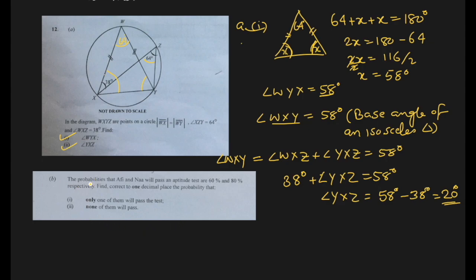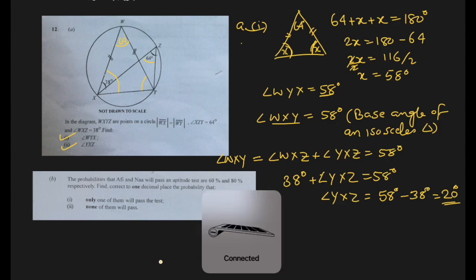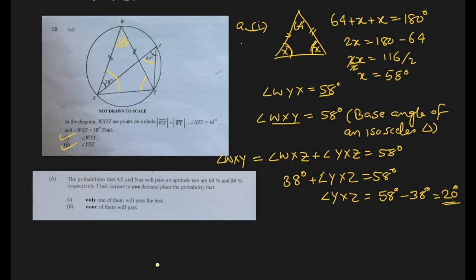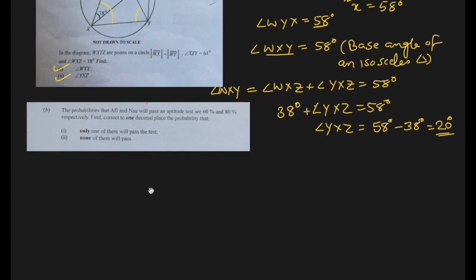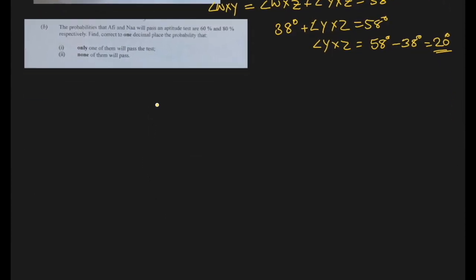B. The probabilities that Afi and Na will pass an aptitude test are 60% and 80%. So Na has better chances of passing that test. Okay. Find the answer correct to one decimal place: the probability that only one of them will pass the test.